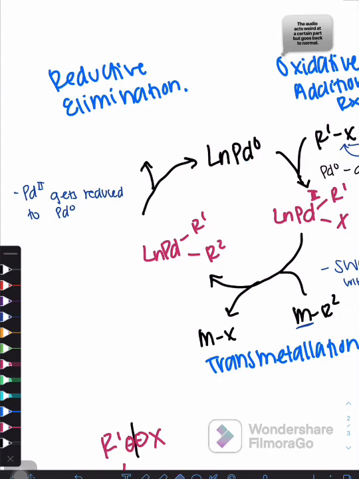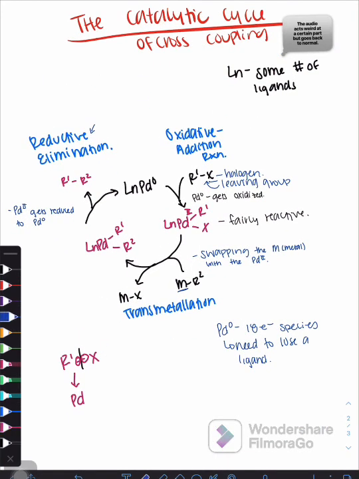So that's why it's called the reductive part. So for the elimination, we're eliminating the two groups. So R1 and R2 will be eliminated from the palladium center, which will bring us back to our original thing that we started with. So R1 dash R2 are separated.